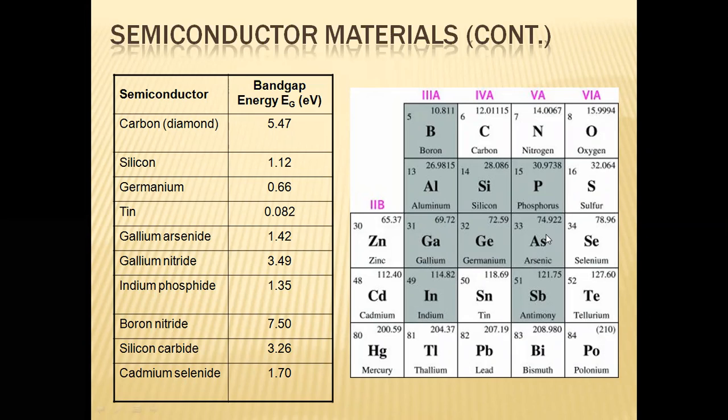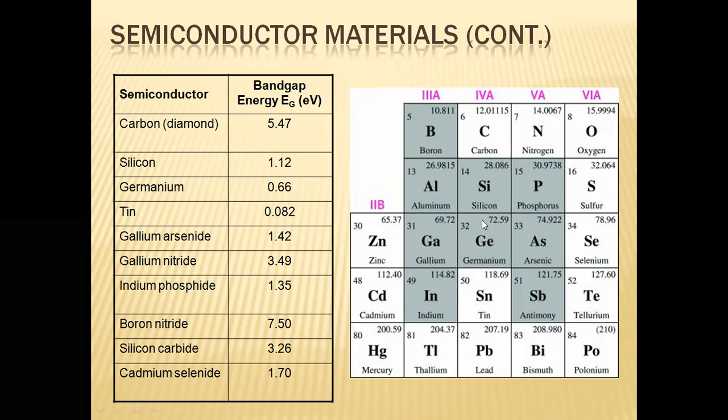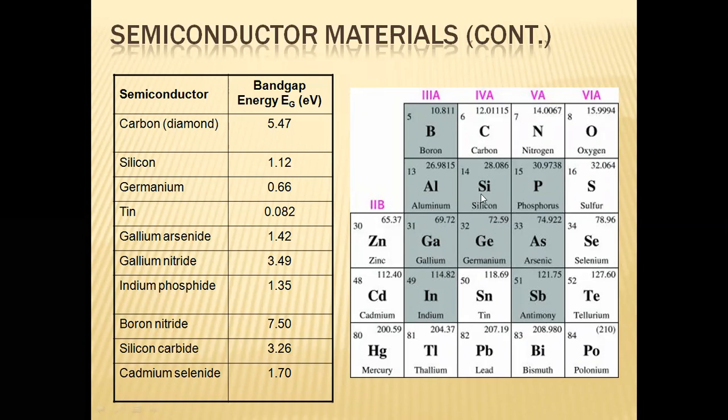So here, going on to the fourth column, germanium is an olden days material with an atomic mass of 72.59, and silicon has a much lower value of 28.086, which is much less when compared to germanium.